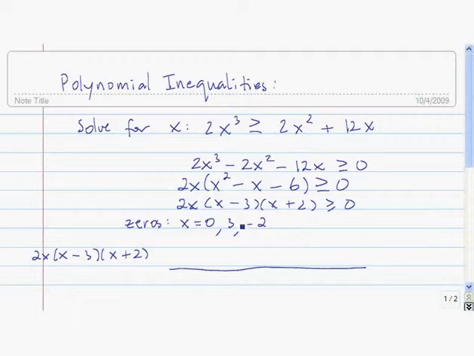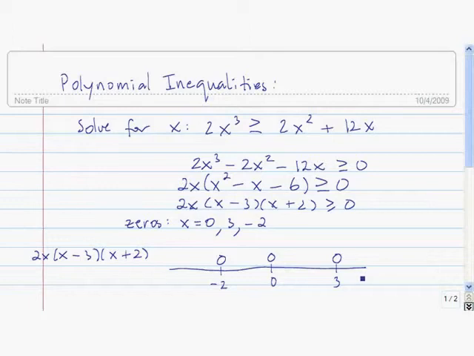So we plot these three values on the number line for this function. Above each of these numbers I'm going to put a 0, and that's going to indicate that the function is 0 at those places.